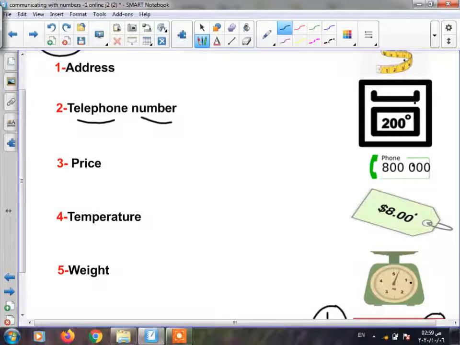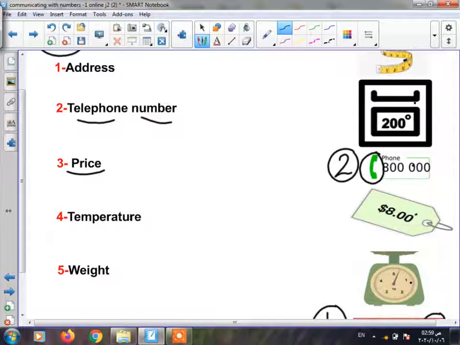I will write number two on the first image? No. On the second image? No. On the third image. Here is a phone, and I will write number two beside this picture. Good job, Junior 2.